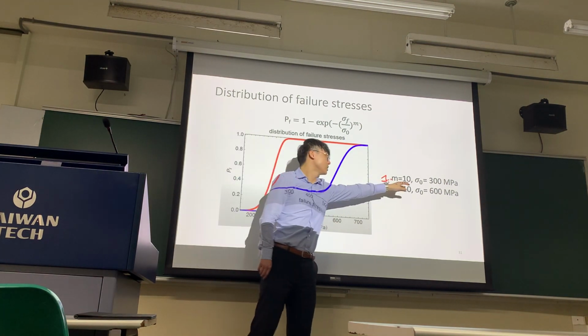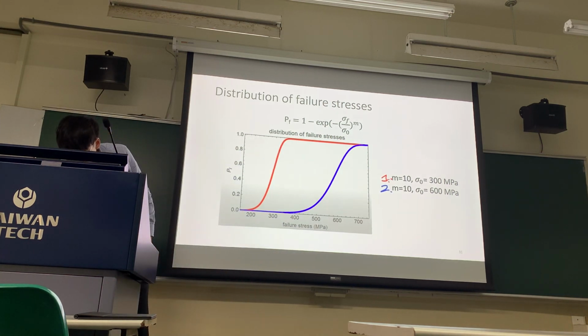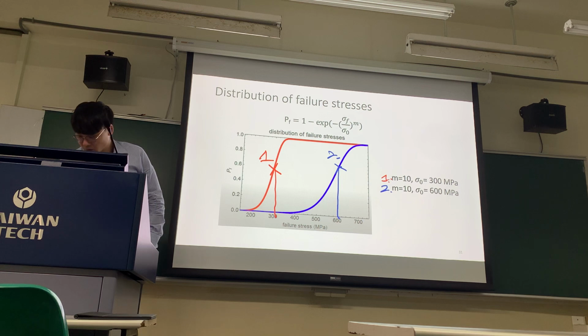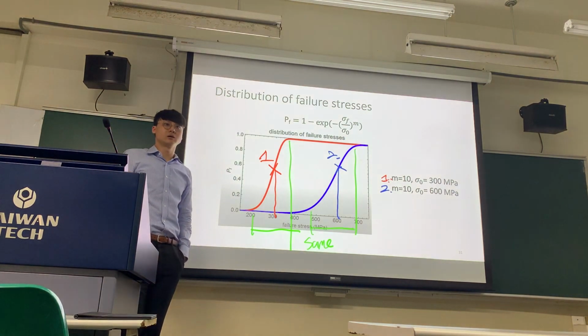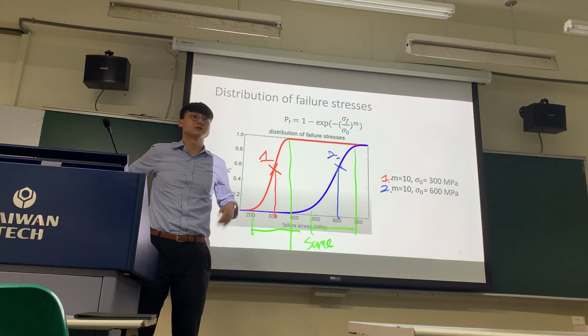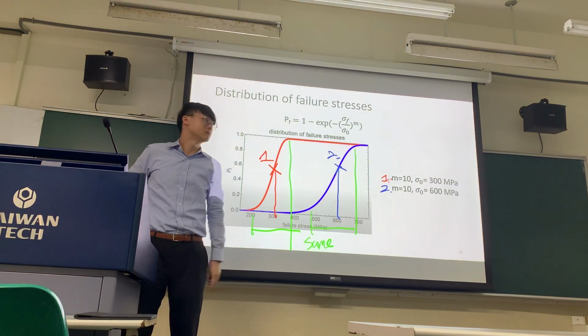Now, sigma naught is 300 or 600. It's in the middle. The scatter amount is the same because m equals 10. Does that make sense?